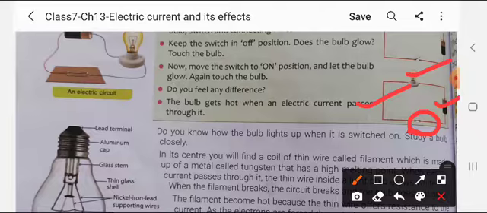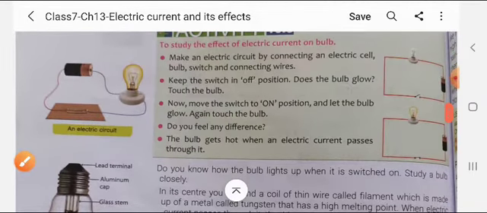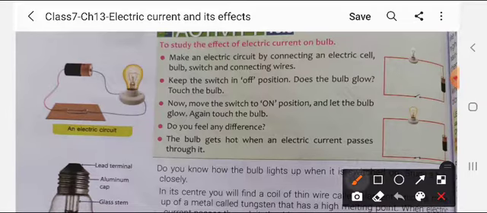As well, you can see in the upper figure the wire is there, the bulb is there, the cell is also there, but the bulb is not glowing. The switch is open, which means it is an open or broken circuit, and in this case the bulb will not glow.